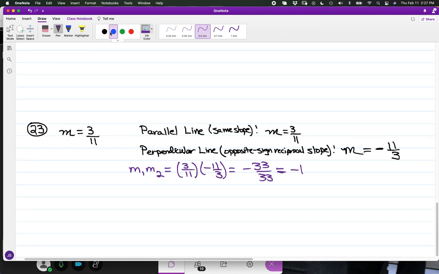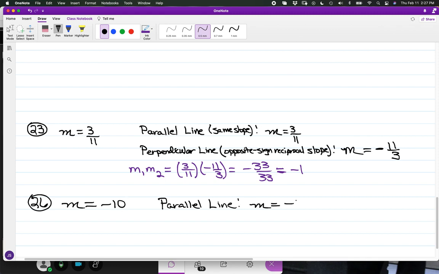And for 26, now we have the slope of the given line to be -10. And for a parallel line, again, you have the same slope. So the given line has a slope of -10. Well, guess what? The parallel line also is going to have a slope of -10.